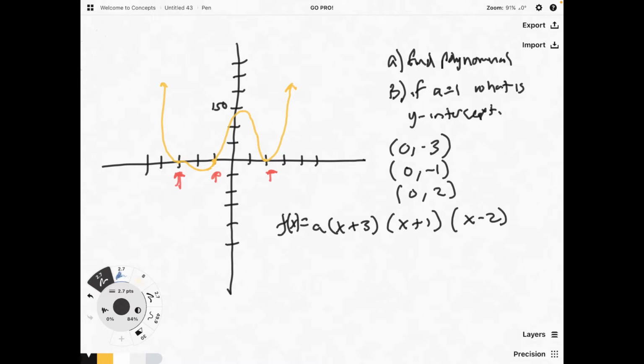Next, what we need to do is identify the multiplicity of each. So we need to understand what the exponent is of each of our intercepts. Looking at our first point, we have a graph that is very similar to this, which we know means that it's an odd multiplicity that's not 1.